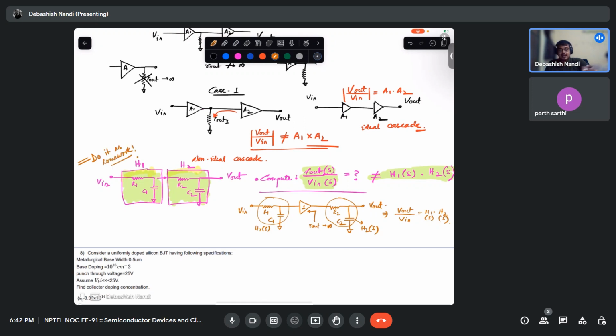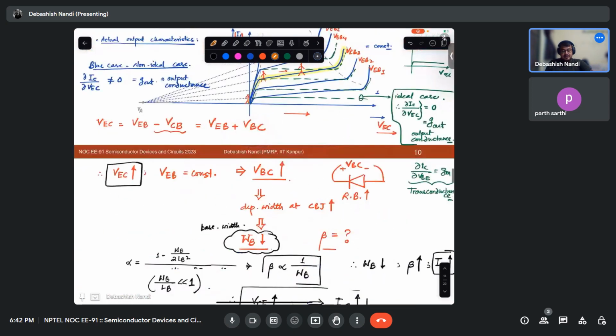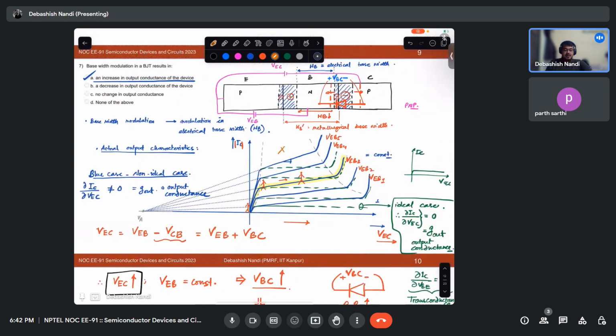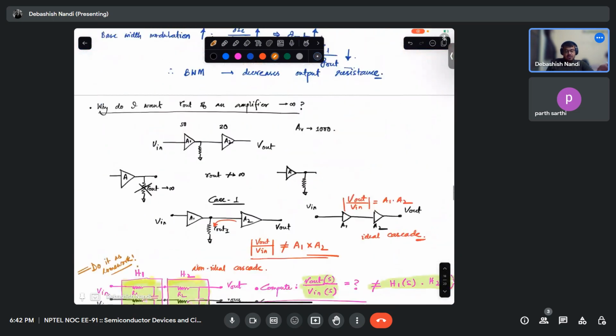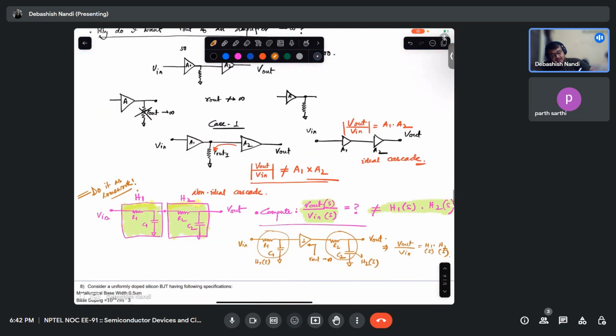So this is the reason that this thing is not desired. I am biasing my amplifier in this region, the forward active region, so I want it to not have any output conductance, or I want infinite output impedance or output resistance, so that my circuit does not suffer from this, which is by the way called loading.